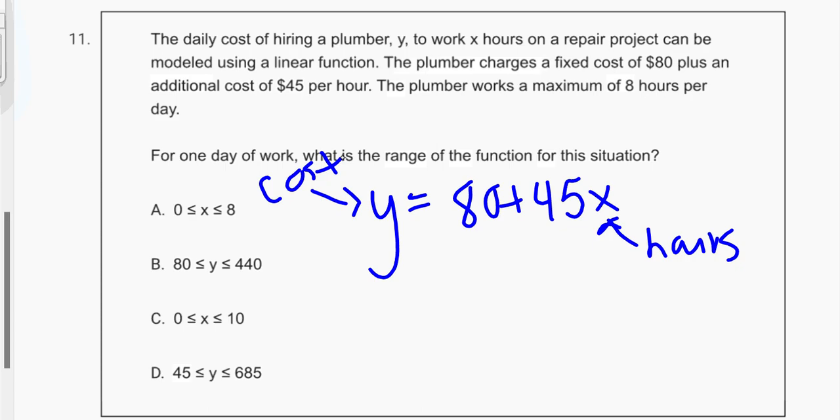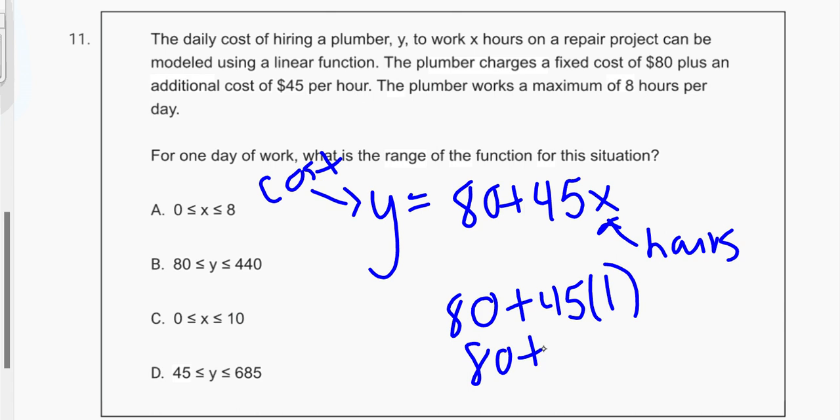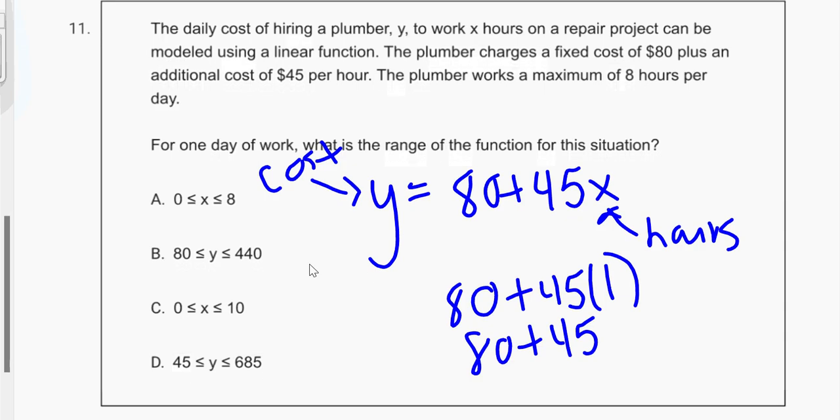So they can work 1 hour, 2 hours, 3 hours, 4 hours, 5 hours, 6 hours, 7 hours, or 8 hours. So I'm going to start to plug that in. So if they work 1 hour, that means they're making 80 plus $45, which is $125.